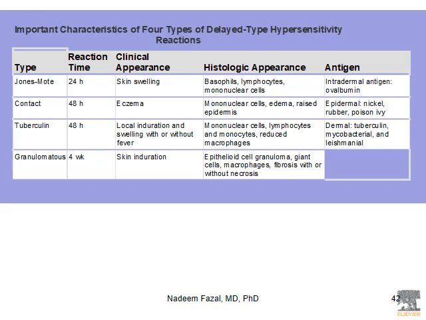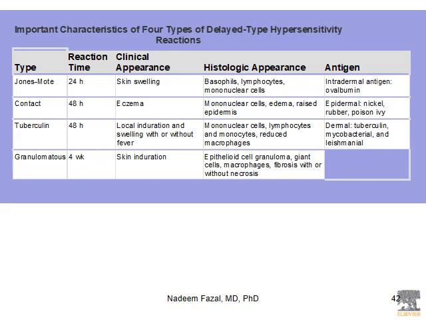And each one of them has a name. We've been talking about DTH, which is a type 4 hypersensitivity reaction. But if it happens within 24 hours, we call it Jones-Mote. If it happens at 48 hours, contact, it happens later, it is a different story.